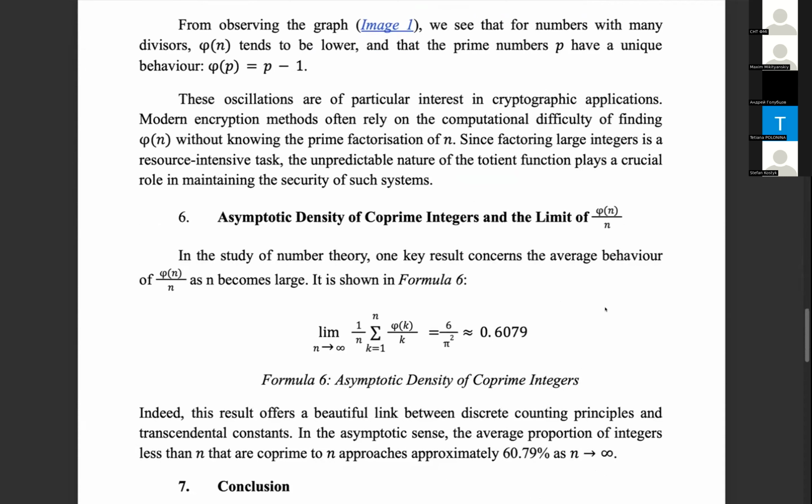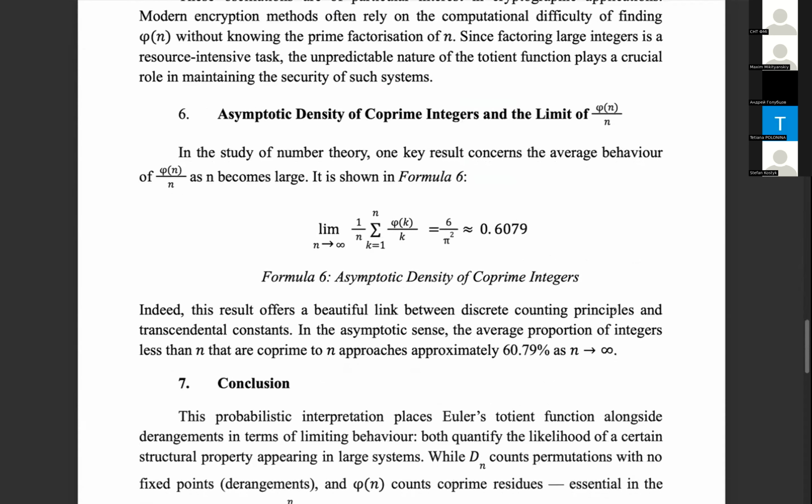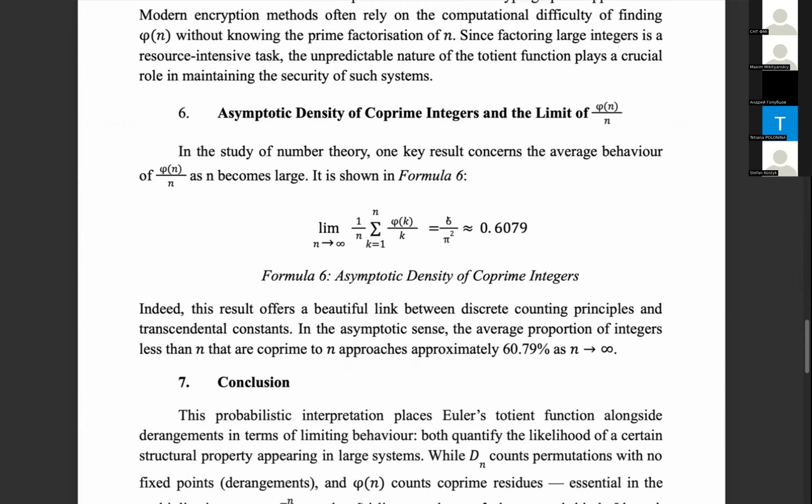Interestingly, the totient function also reveals beautiful analytical behavior. A remarkable result in number theory is that the average proportion of integers less than n that are coprime to it tends to the constant 6 divided by pi squared.